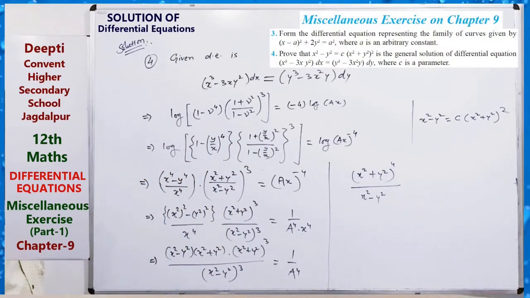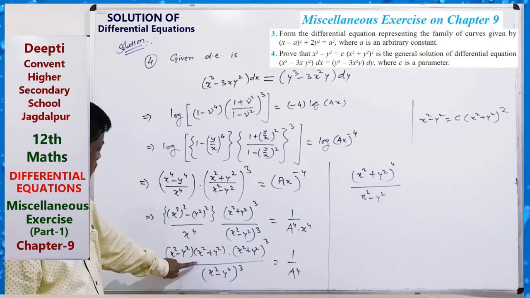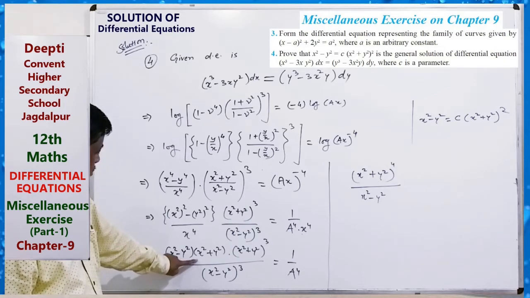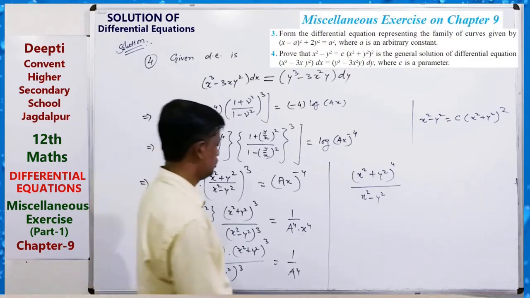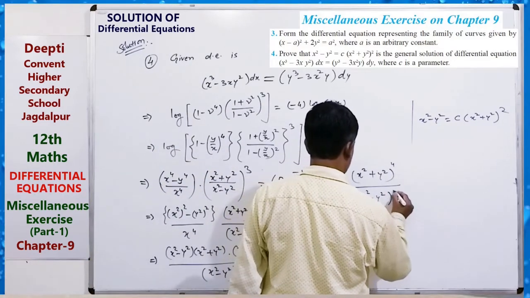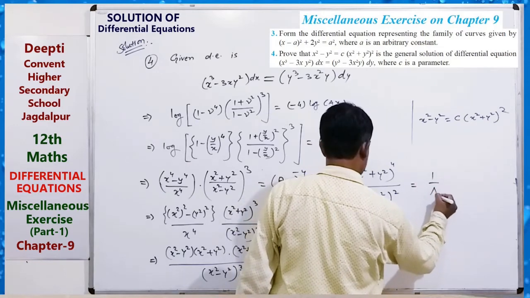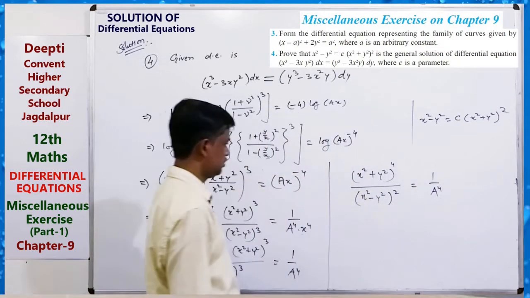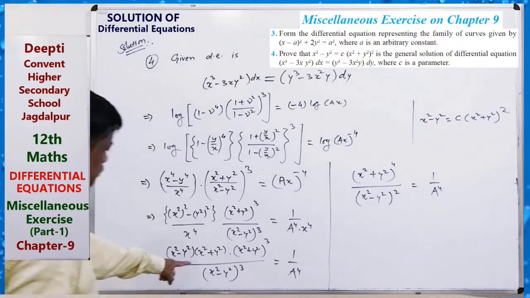x square minus y square power 2 equals 1 upon a to the power 4. Okay, this is equal to this.